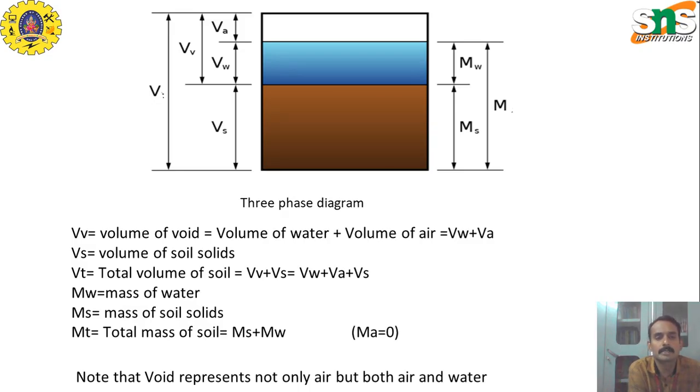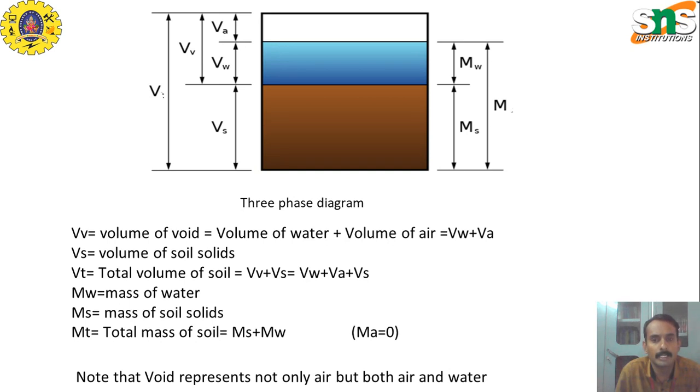So the pore spaces contain the volume of voids, which is either filled by air or water. So volume of voids can also be represented as the sum of volume of air and volume of water. The total volume is represented by adding volume of air, volume of water and volume of solids.